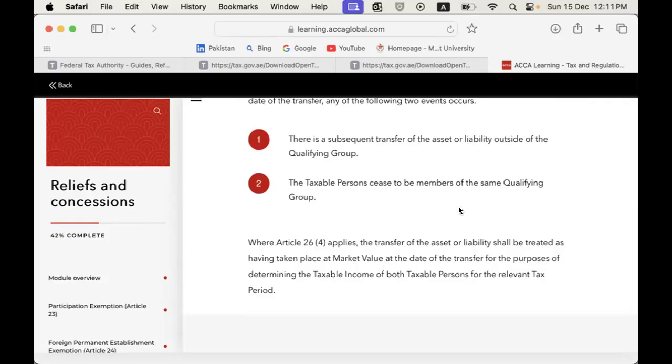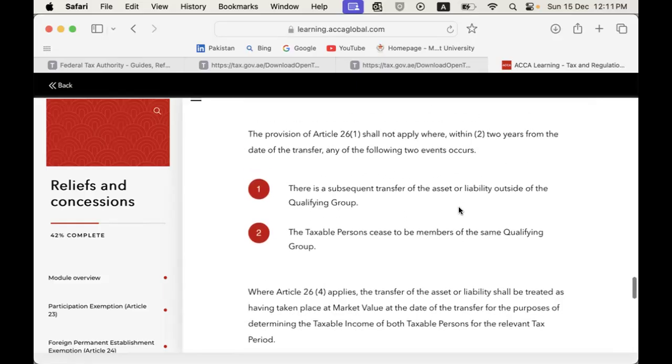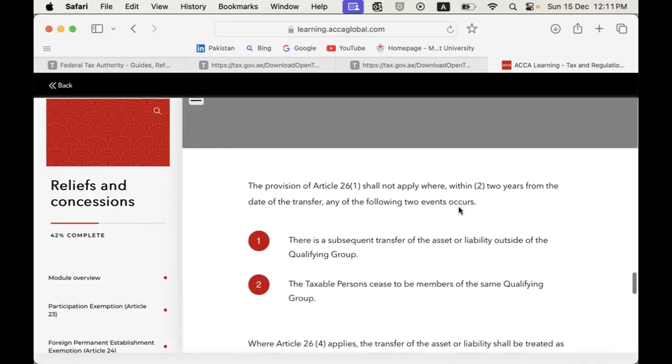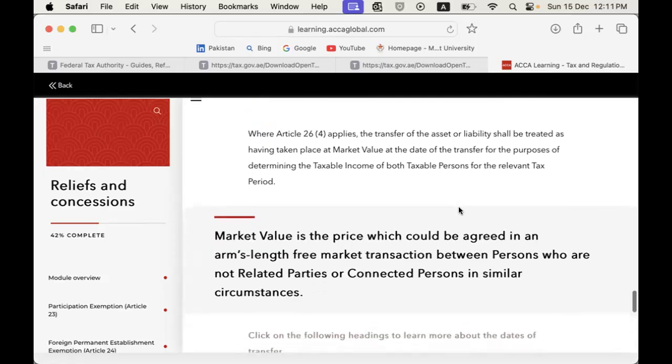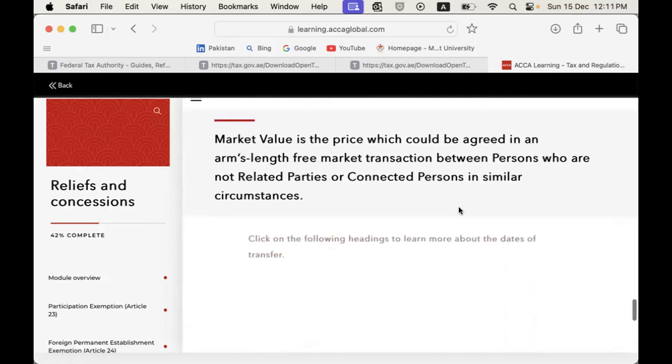Or it becomes a qualifying free zone person, or it becomes an exempt person, so that it can no longer be a part of those 6 conditions that are there. If we lose any of those 6 conditions and the person moves out of the qualifying group, then there will be a clawback on the profit or on the gains that we had claimed as exempt. We will have to report it and pay tax on it.